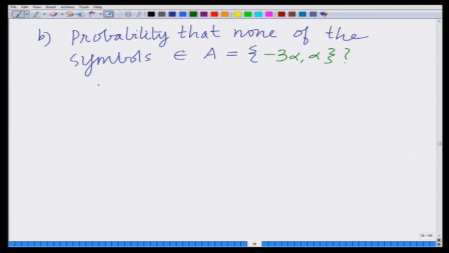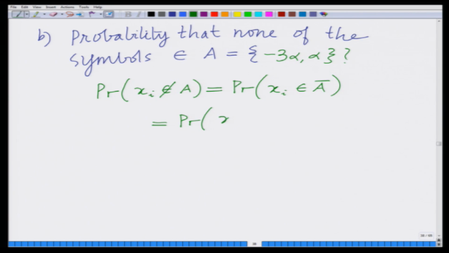Therefore, the probability that a given symbol does not belong to A is simply the probability that the symbol belongs to A complement, the set minus alpha comma 3 alpha.